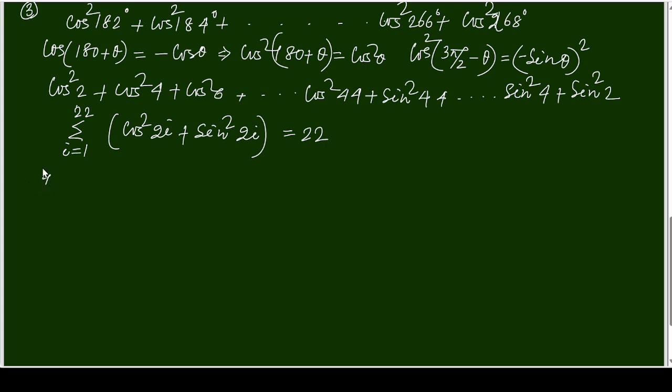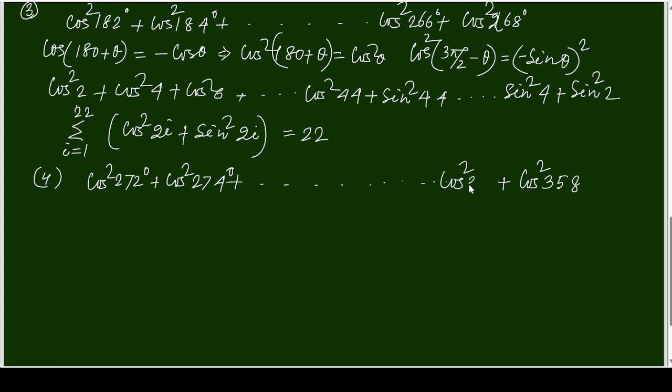So that will be the same as the second series. It will be cos square 272 plus cos square 274, up to cos square 358 and cos square 356.